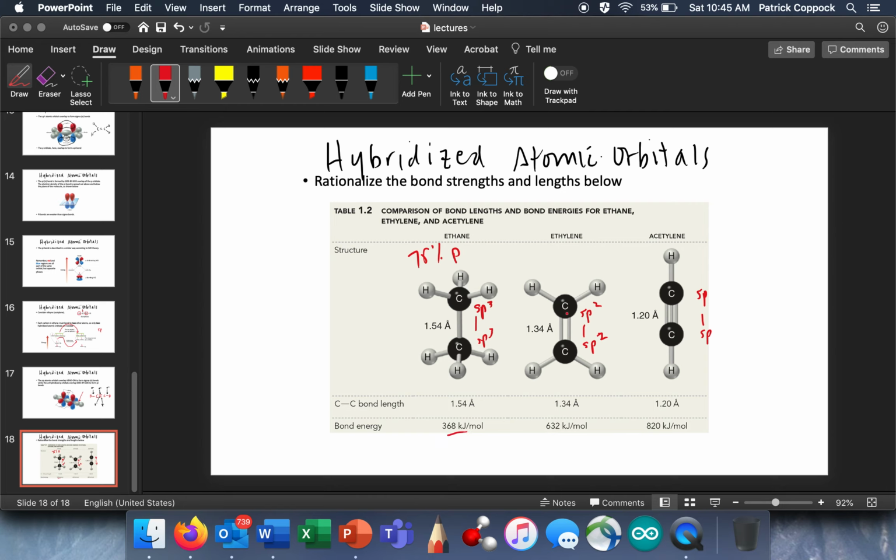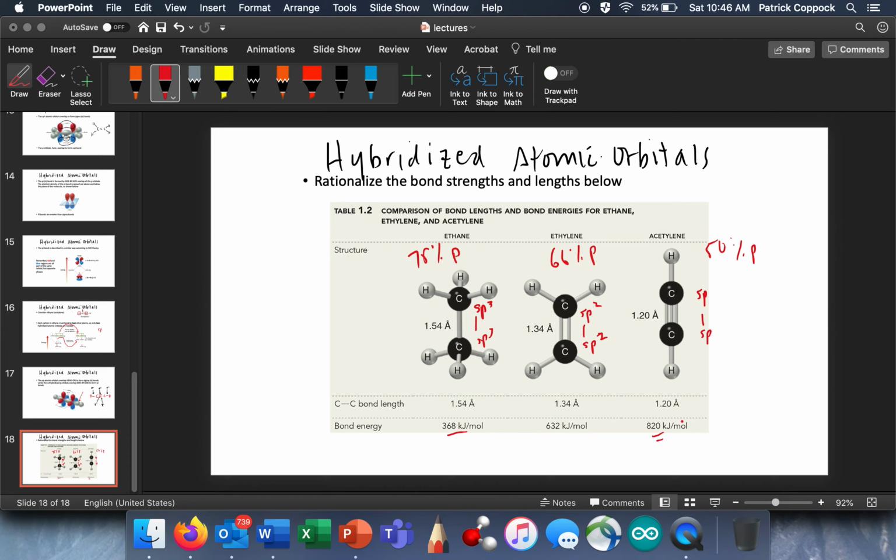This one looks like it has two parts p and one part s, so this is 66 or 67%, I guess, p character. And so it's going to be shorter. And this one is only 50% p character, because it was sp. It was one s and one p that came together. 50% p character is going to make it the shortest, and as you can see, the strongest.